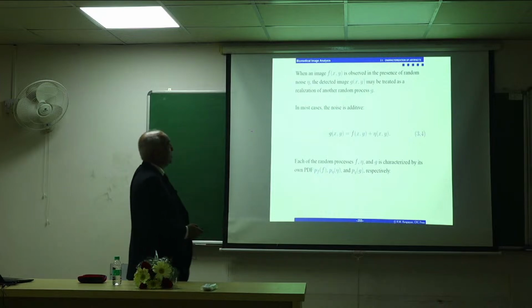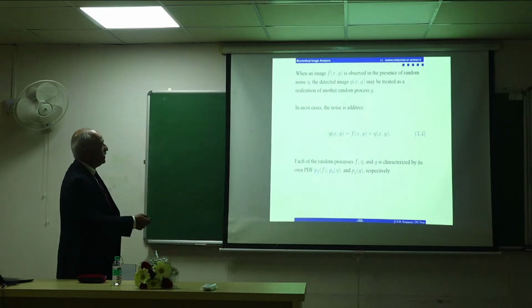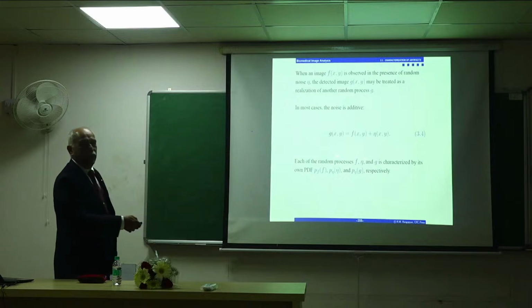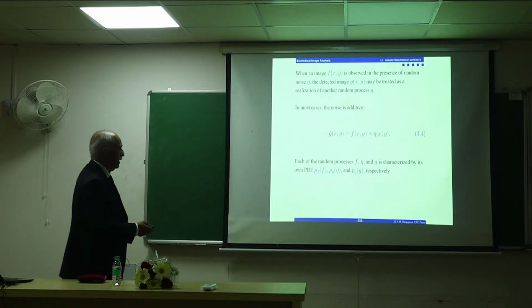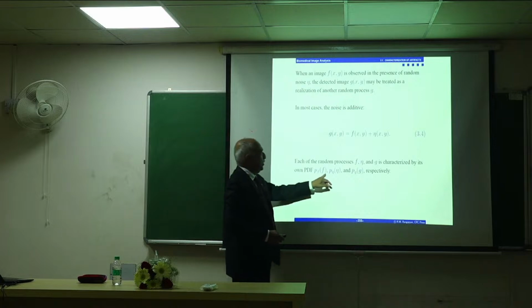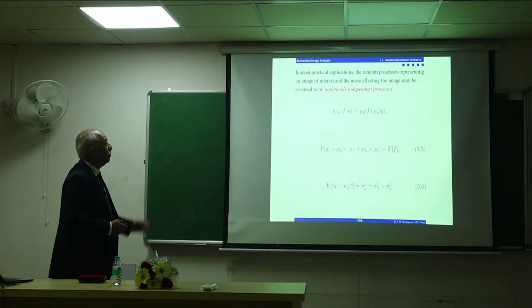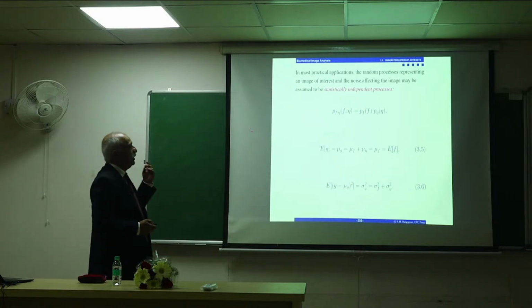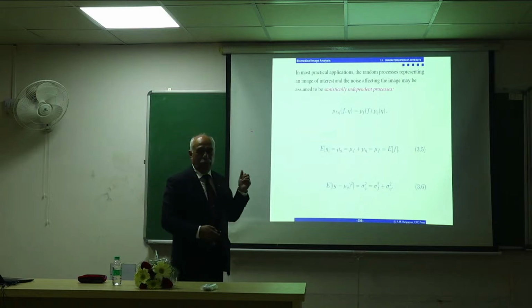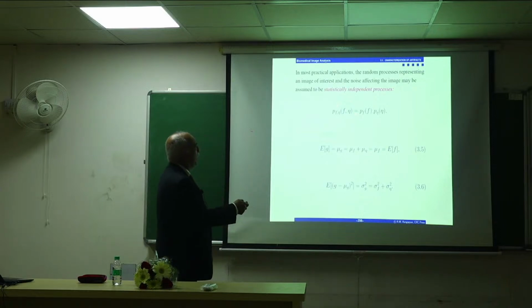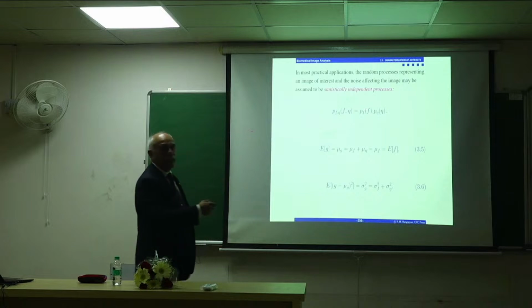So when an image is observed in the presence of random noise, we assume this model, additive noise. And each one has its own PDF: p_f, p_eta, p_g. We assume they are statistically independent processes so that the joint PDF is the product of the individual PDFs.